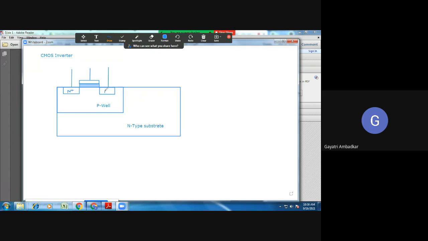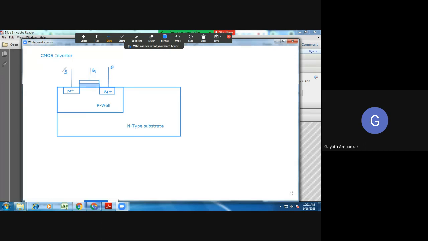This is also N block. So what I have constructed here is my EMOSFET, right? So this is the gate. Okay, this is the drain, and this is the source.